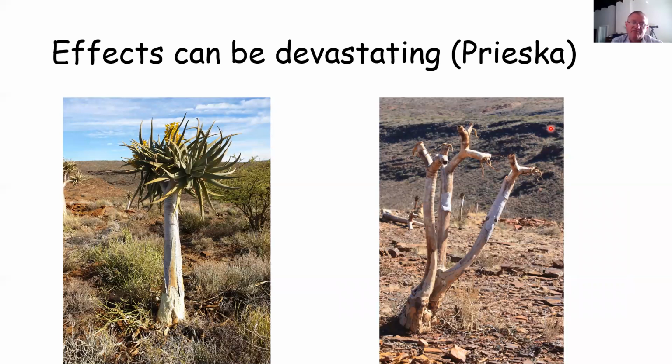And a fire burned through this veld a few years ago, 2017, I think it was, and the effects on it were absolutely catastrophic, including to these kokerboom trees. Although interestingly, this wasn't actually a fire because of an increase in grass. This was a fire because of drought conditions.